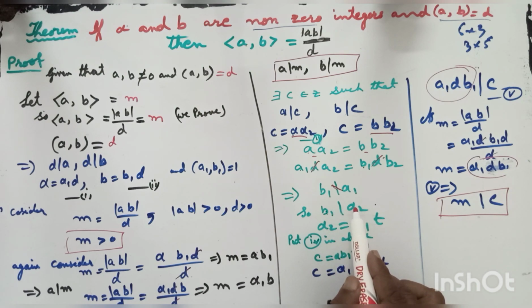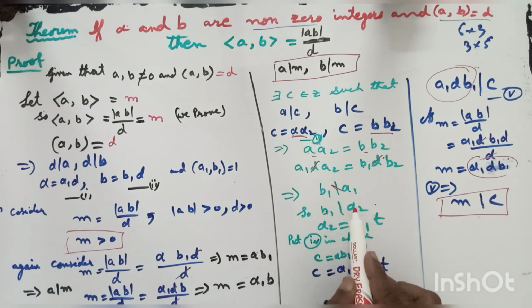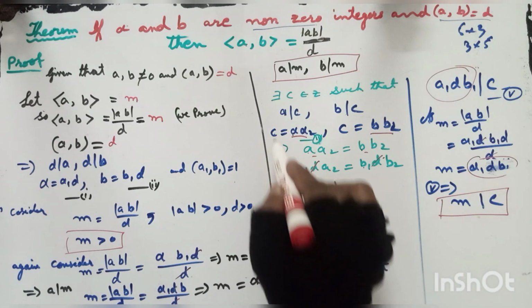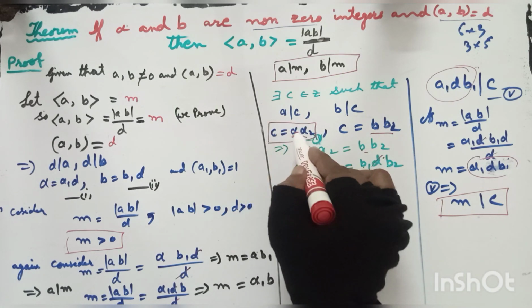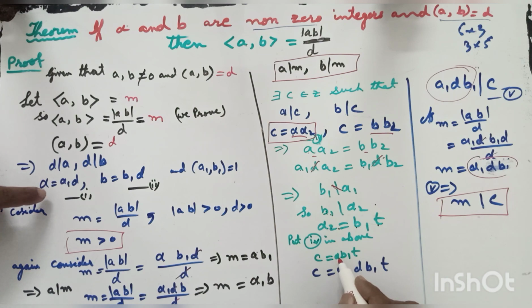If A2 is a multiple and B1 is the divisor, this multiple can be written as two factors. I plug in this value of A2 in this equation, A B1 T. Then I again plug in the value of A here, A1 D B1 T.